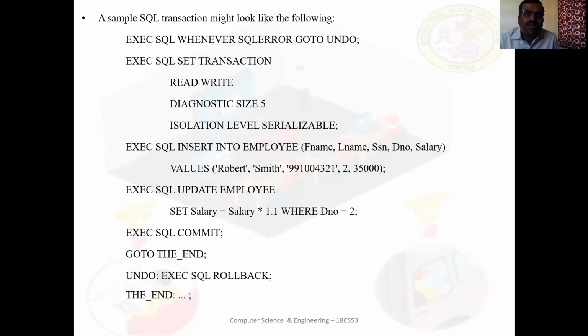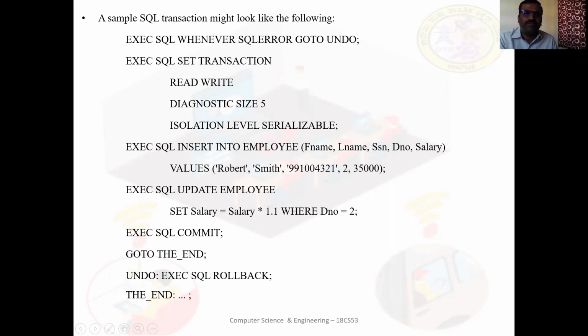This is a sample SQL statement. EXEC SQL WHENEVER SQLERROR GO TO UNDO. Go to undo means whenever an error occurs in the SQL, go to this label, undo. EXEC SQL SET TRANSACTION, setting the transaction: read write, diagnostic size 5, isolation level serializable.